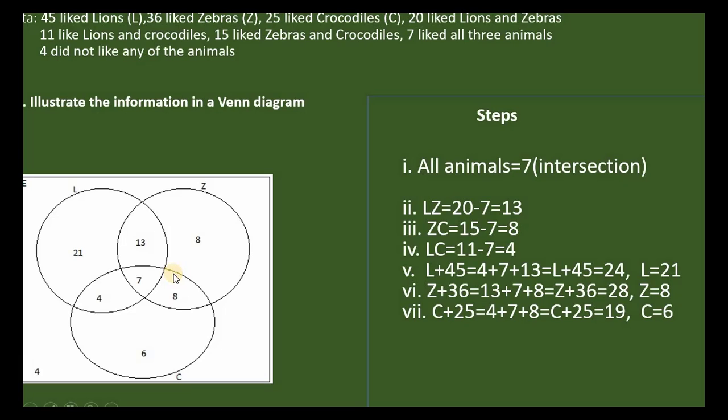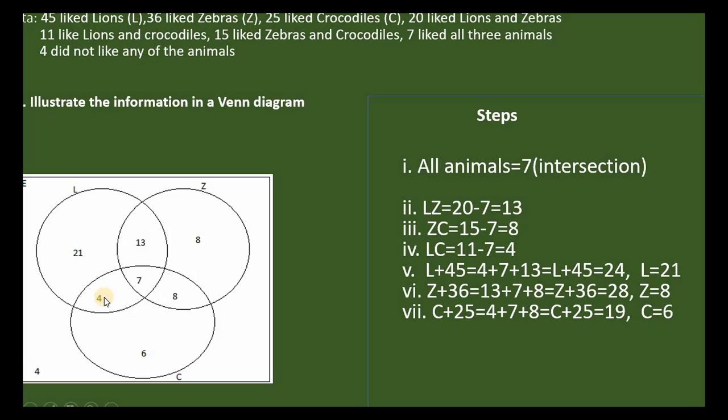And for us to find those who watched zebras and crocodiles only, meaning they are found in both zebras and crocodiles, they watched the two types of animals. We just subtract 15 minus 7, and what remains is 8.